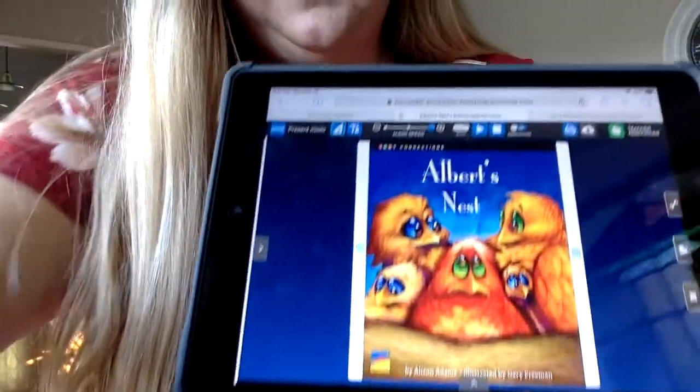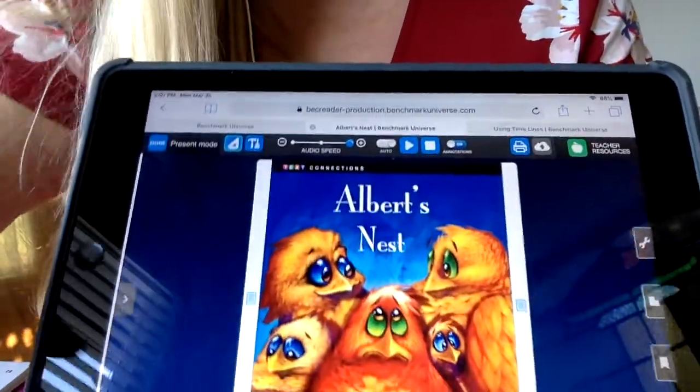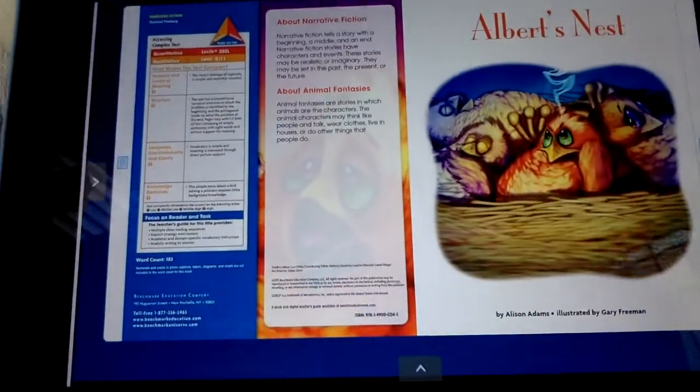Here we go. Oh, you want to see the pictures first to make some predictions? What a great idea. Let's look at some of those.